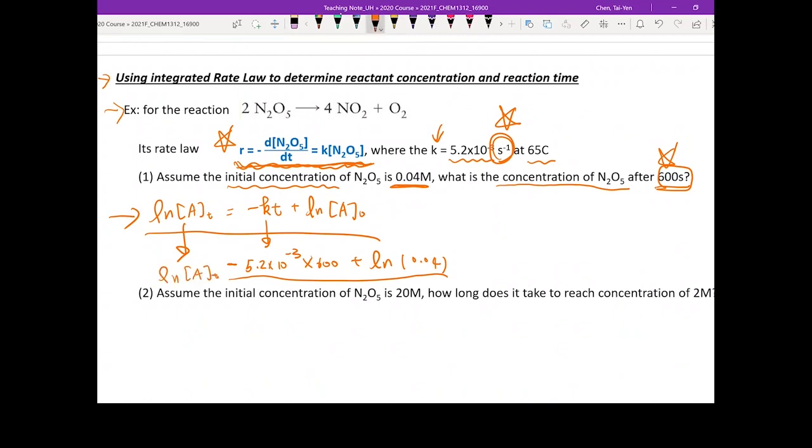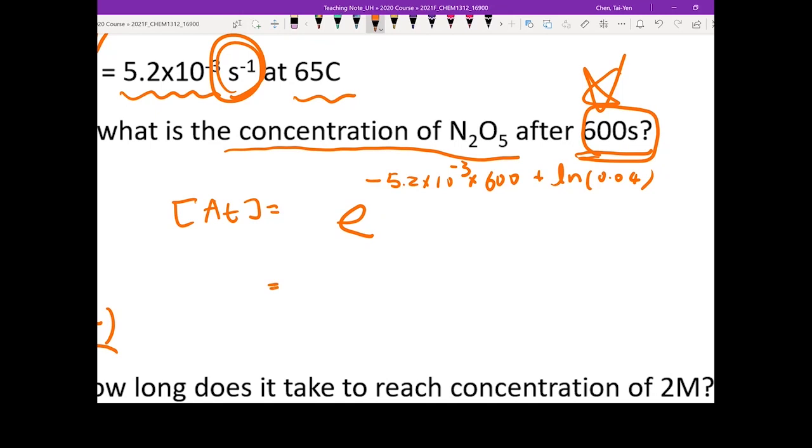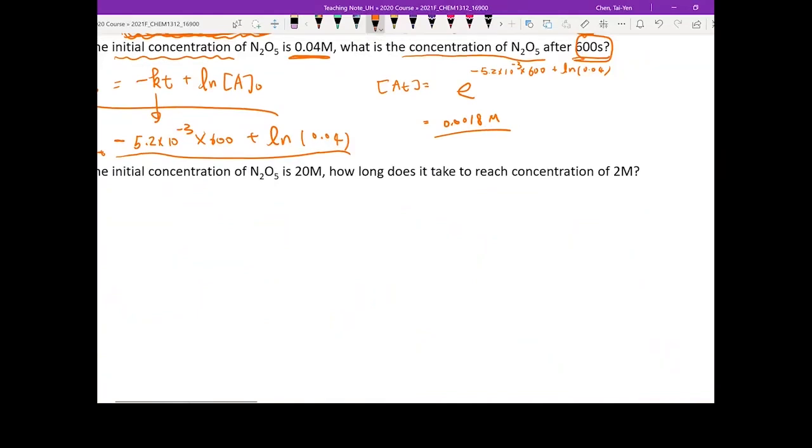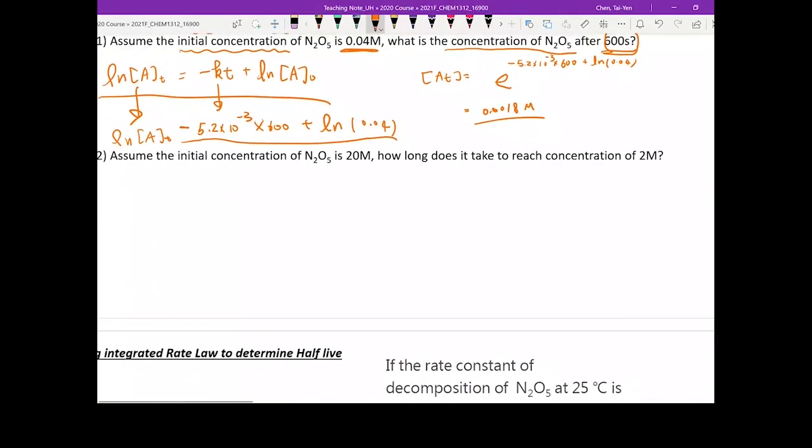So in order to convert natural log A_t to A_t, you need to do the exponential on both sides. So you need to do the exponential of negative 5.2 times 10 to the negative third multiplied by 600 plus natural log 0.04. Then you should be able to get the answer of 0.0018 M.